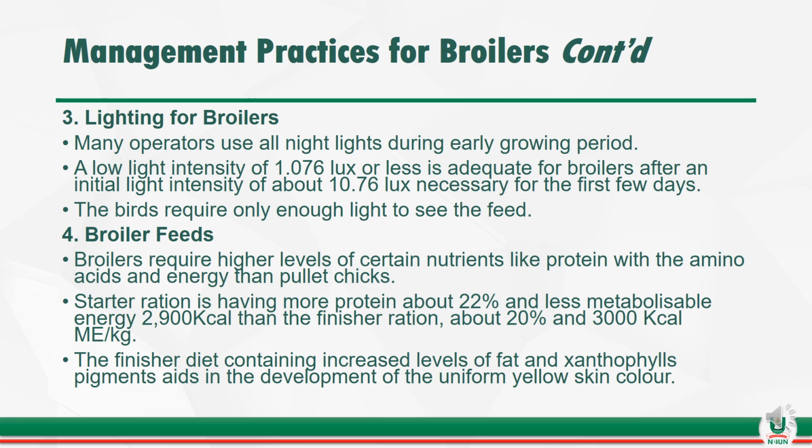Now, the starter ration has more protein, around 22% protein, and less metabolizable energy than the finisher ration, which should be around 20%, and of course with 3,000 kilocalorie metabolizable energy per kilogram. Now, the finisher diet containing increased levels of fat and xanthophyll pigments aids in the development of the uniform yellow skin color that you see.